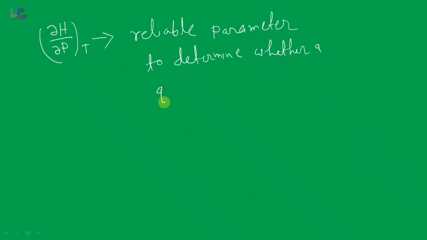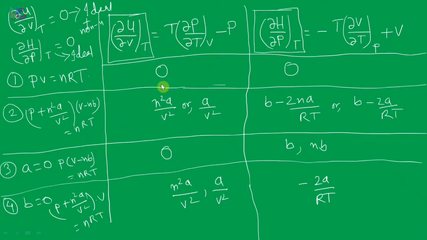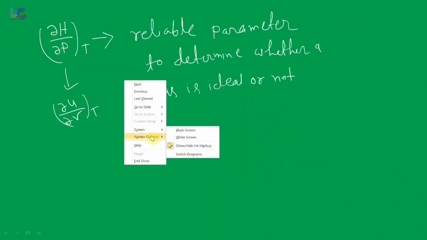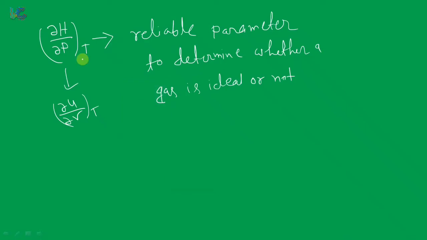If I ask whether del H del P at constant T or del U del V at constant T is a more reliable parameter, then from this chart we can conclude that del H del P at constant T is the more reliable parameter to determine whether a gas is ideal or not.